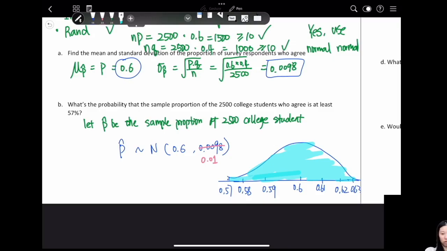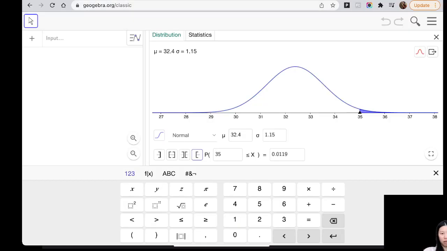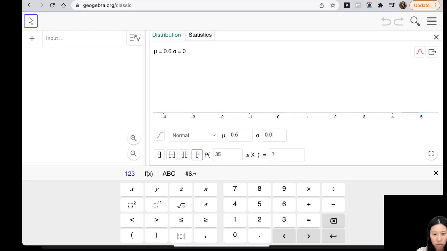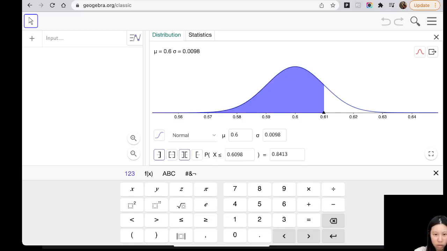So now let's use GeoGebra. We know that mu equals 0.6 with sigma equals, let's be more accurate, 0.0098. And then we want x greater than 0.57, this way. And see, look, the probability of that is 99.89%, which is what we expected, right?